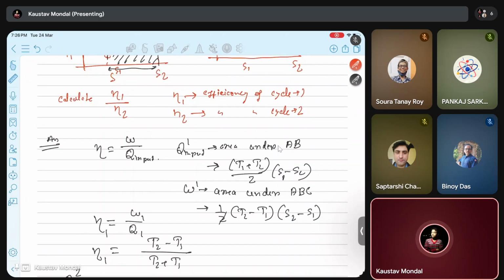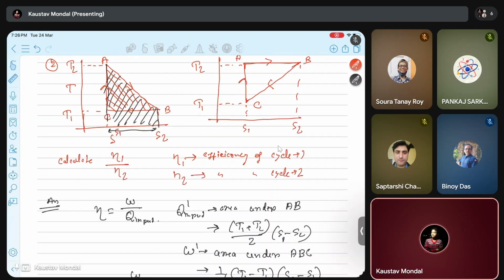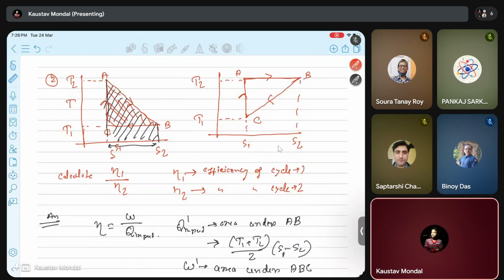It is the area under the curve AB, so this would be the heat input.